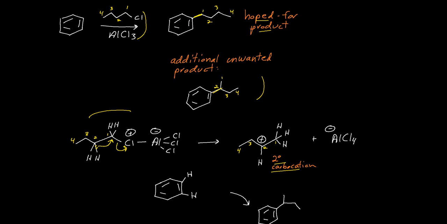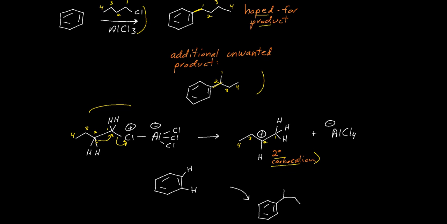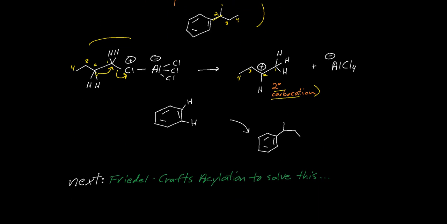So a secondary carbocation, I mean, we don't think of them as the most stable because they're not. Tertiary carbocations are. But stable enough to form. In fact, we've seen them forming all along on the benzene ring. So this secondary carbocation can form.